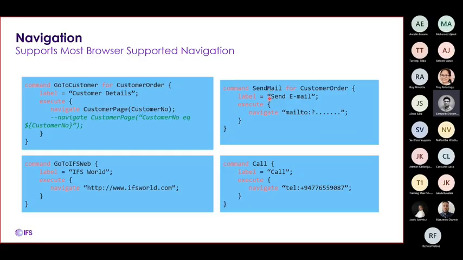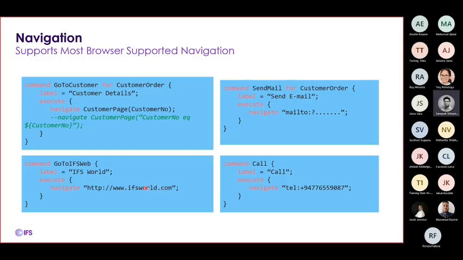And then this one, as you can see, will open up a mail client, because it's trying to navigate to a mailto URL, right? It will actually open up the mail client. And you can go to a web page as well. For example, you can navigate to ifsworld.com or ifs.com.